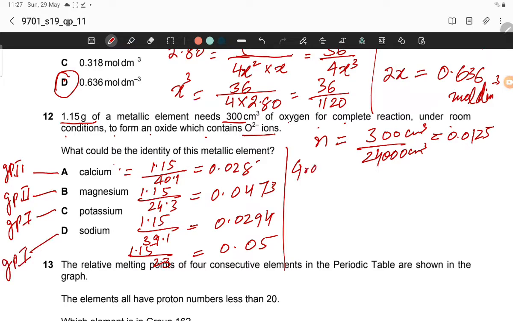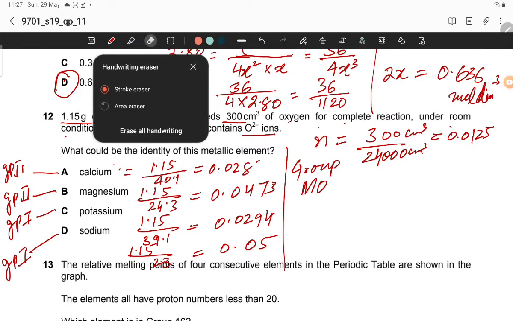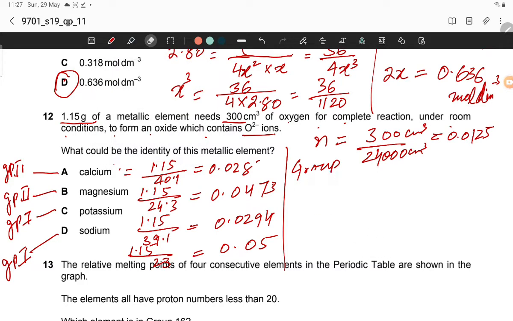Now for group 2, M plus oxygen to form MO, because group 2 M carries 2 plus or minus 2.